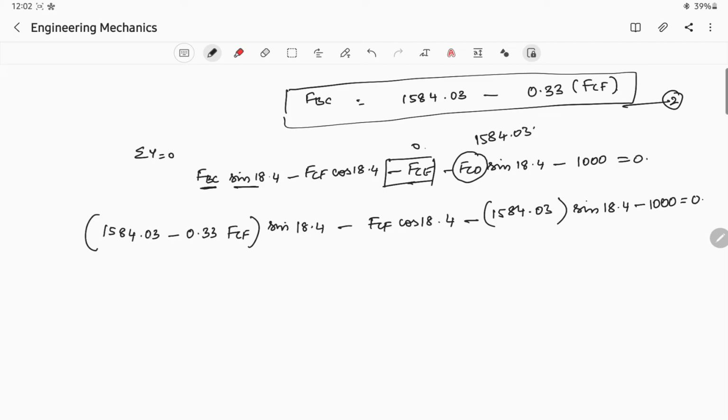Now we'll simplify this one. We'll multiply this 1584.03 into sin 18.4, then again we'll multiply with this one. Okay.